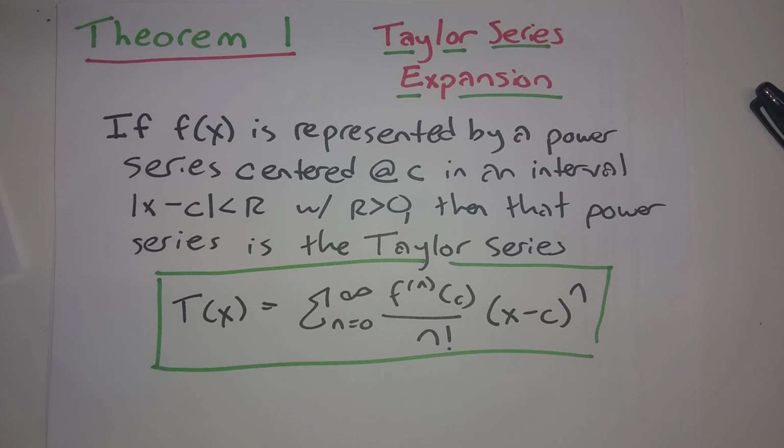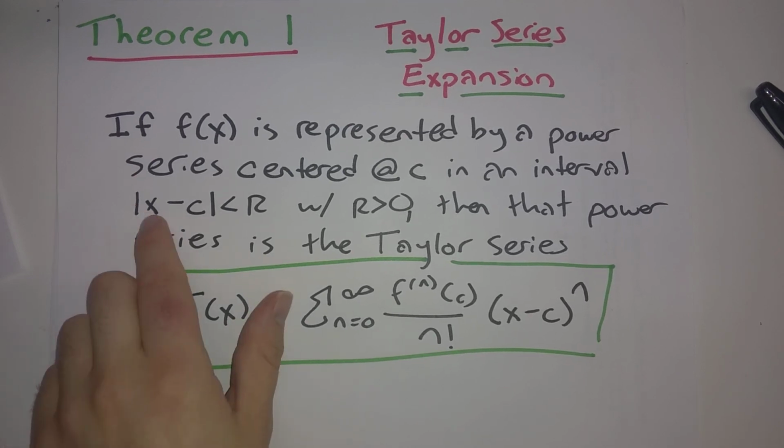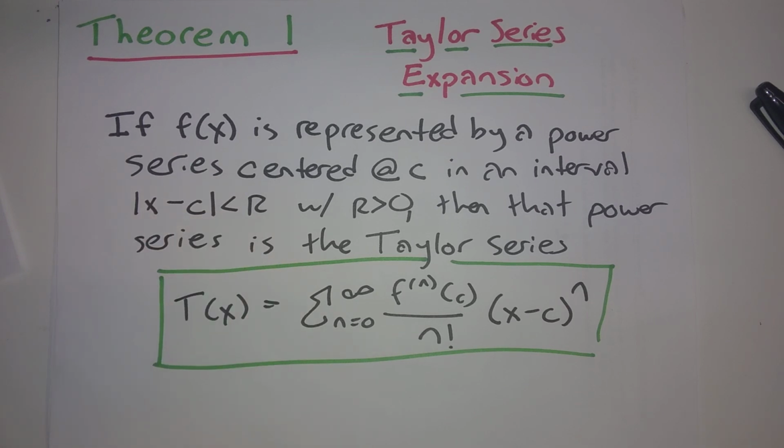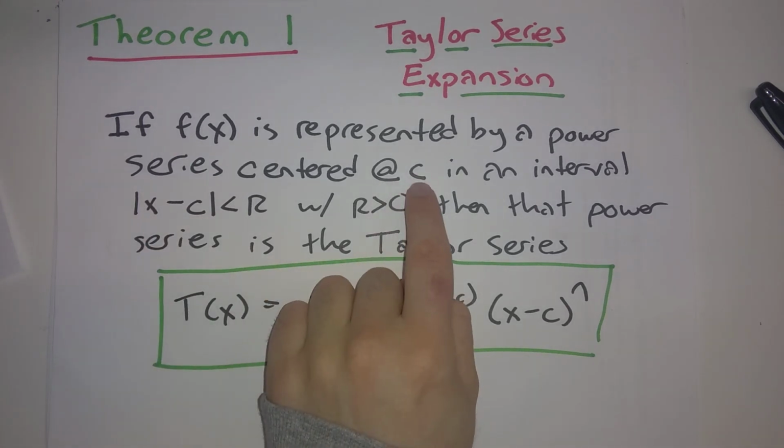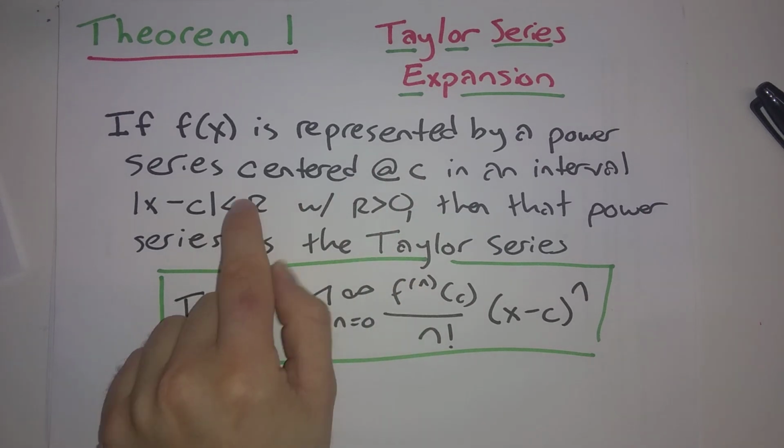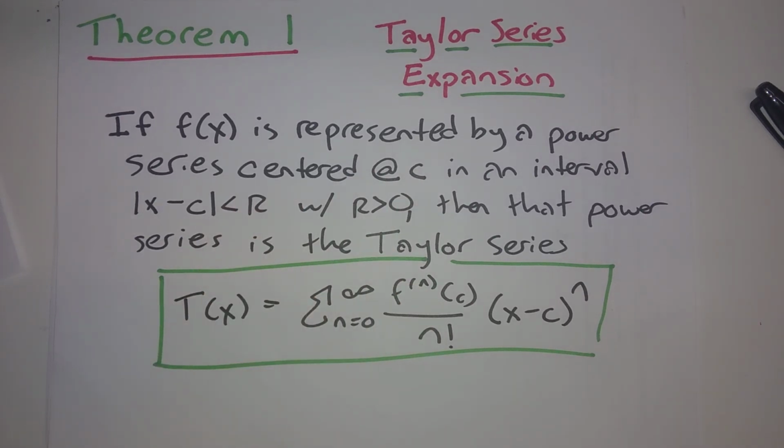If f of x is represented by a power series centered at c in an interval where the absolute value of x minus c is less than r, so there's the center of our series and here's our radius of convergence for our power series, remember all those concepts from section 10.6, and we want our radius to be strictly greater than 0, then that power series is exactly the Taylor series.